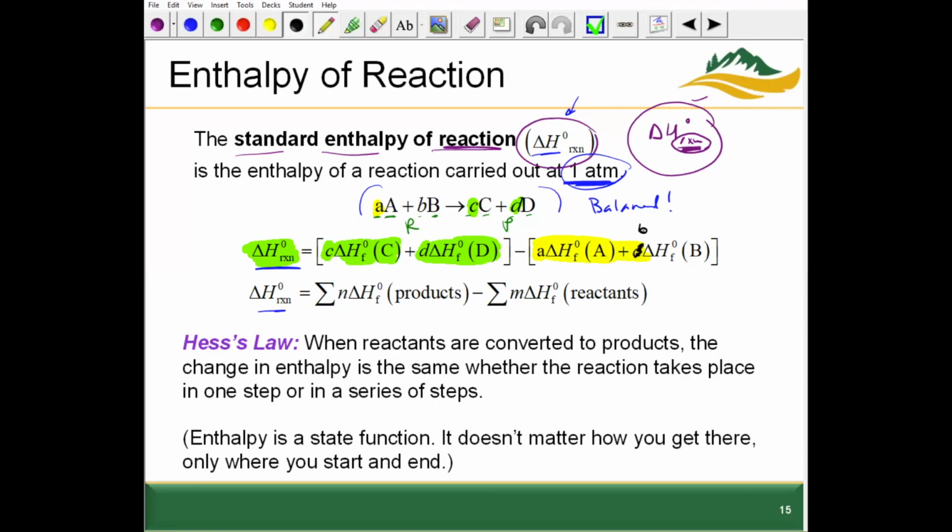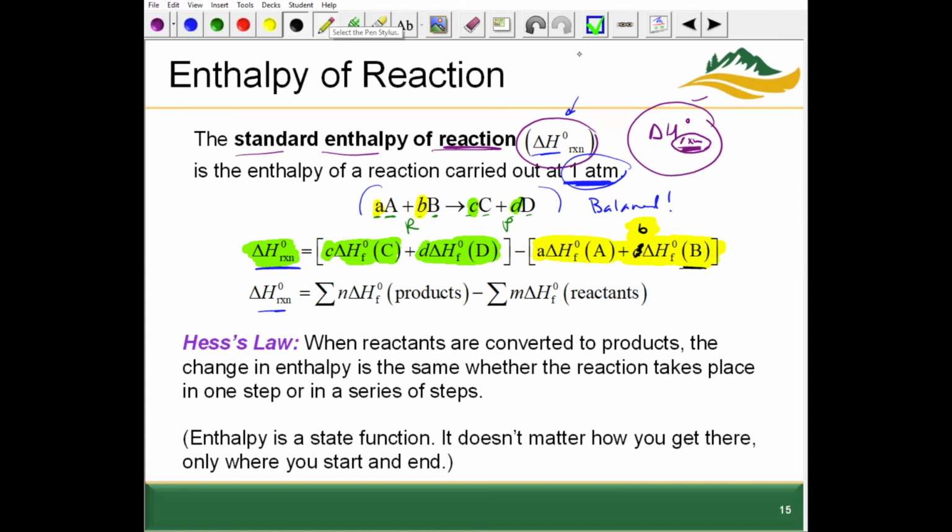I'm sorry about that. This is the standard enthalpy of formation of this reactant B, and then this molar coefficient B here for this reactant. So I apologize. I will definitely fix that.